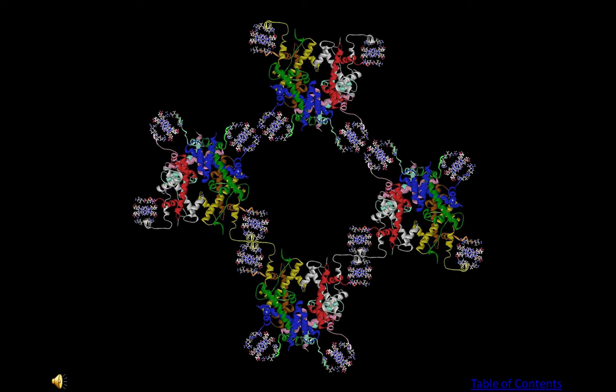In this, and in all other candidates for the 30 nanometer fiber that I'll show you, there are 2 types of interactions that can potentially impart stability to the structure. Both of these interactions were also found in protamine. First, there are those rectangular arrays of charge interactions which we've already seen previously, involving the positively charged lysine and arginine residues in the N-terminal beta strands, and the negatively charged DNA phosphate groups.